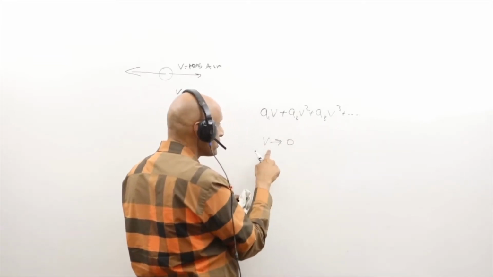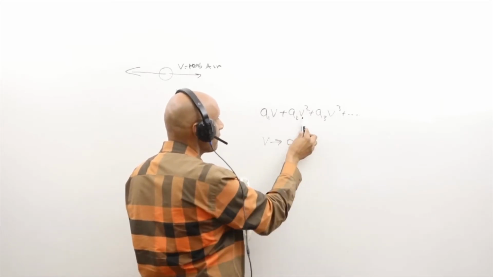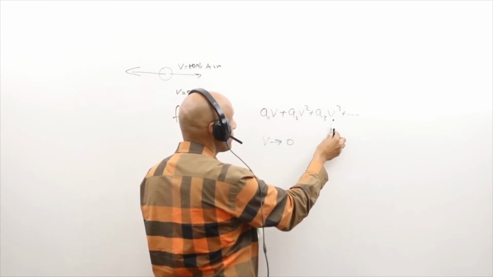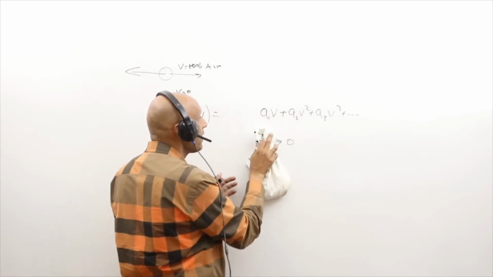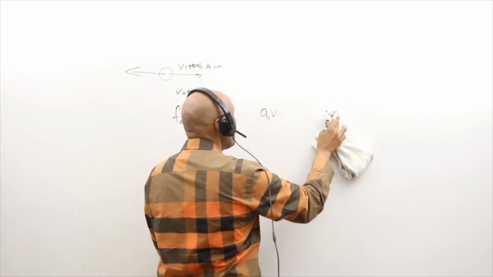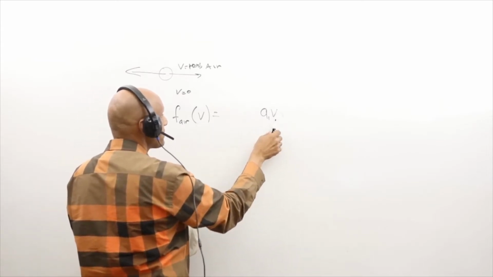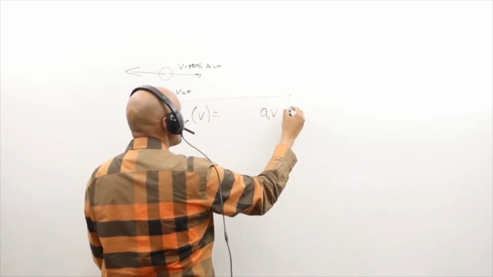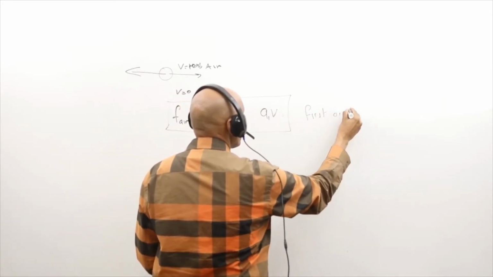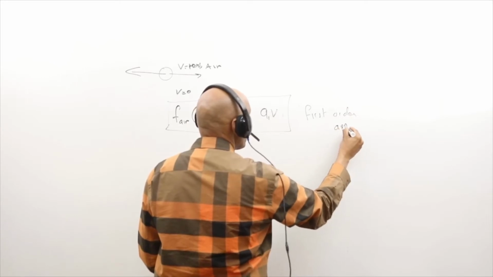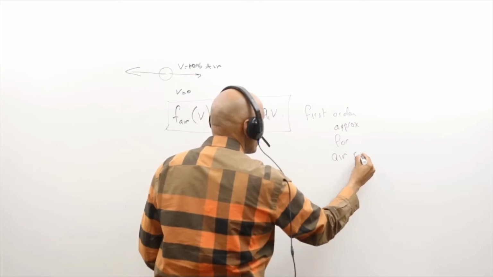So to a first order approximation, for small velocities, I can estimate that the force of air is equal to some constant times the velocity. So this is our first order approximation for air resistance.